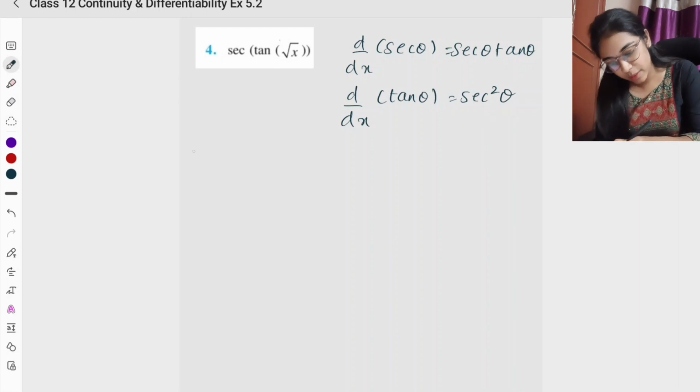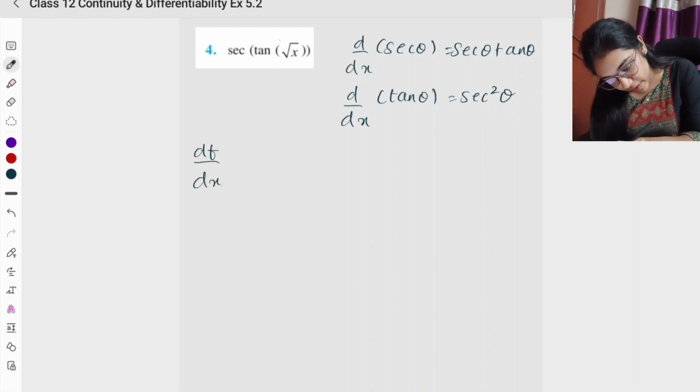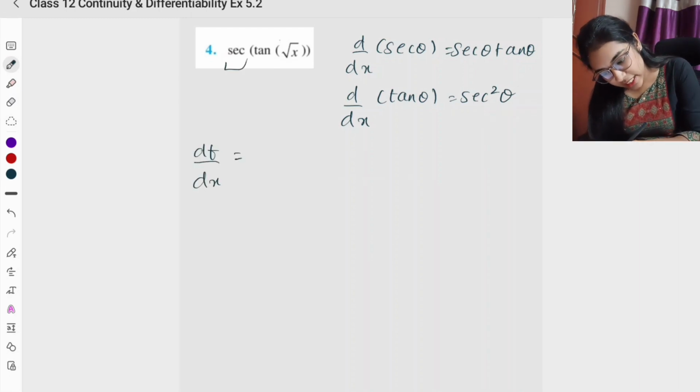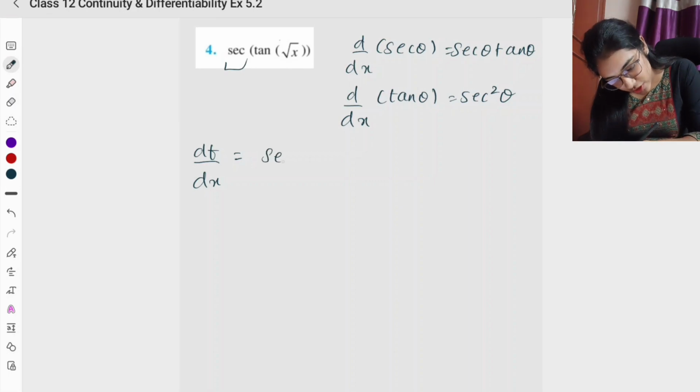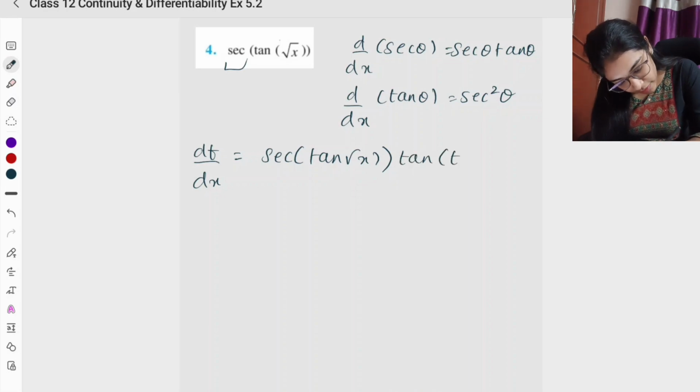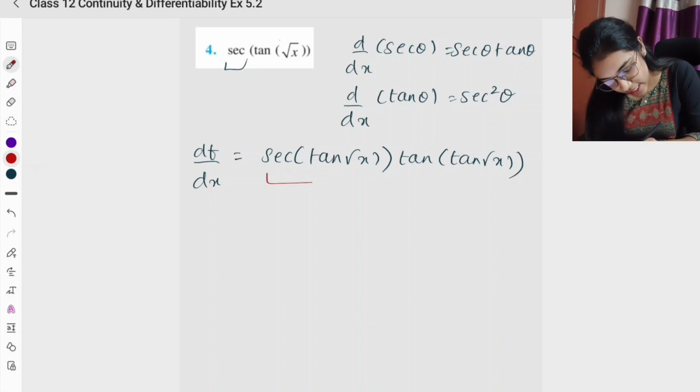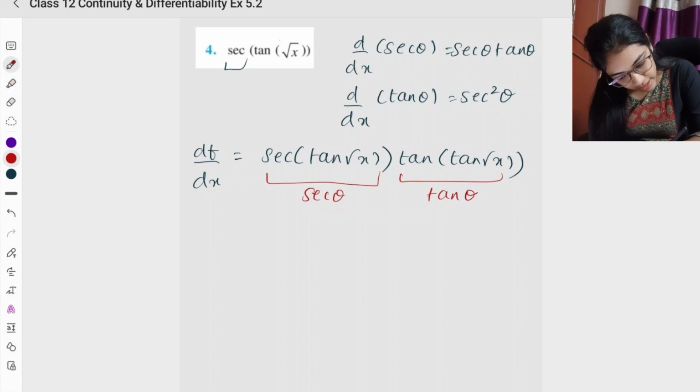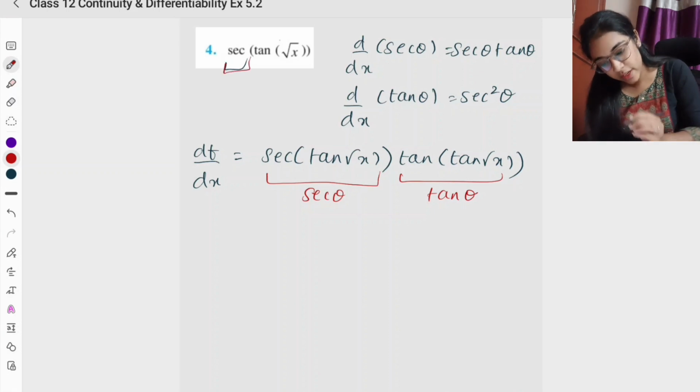இப்போ இது derivative கண்டுபிடிக்கலாமா? So, I have df divided by dx is secant theta or derivative enna? Secant theta tan theta. So, it is going to be secant theta, which is tan of root x times tan of root x. புரிஞ்சுதா? So, this is secant theta times tan theta. This is my derivative of secant theta.